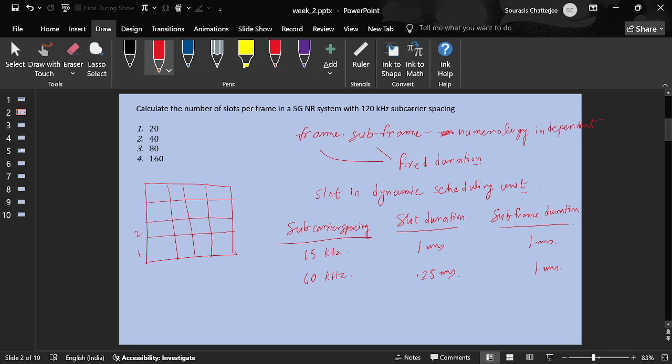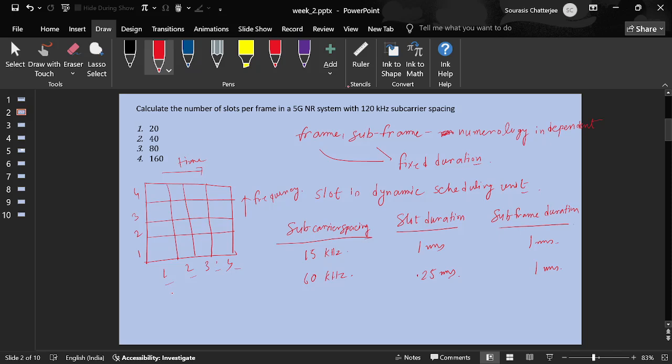Let's talk about 1, 2, 3, 4 here and 1, 2, 3, 4 here. So this is time and this is frequency. So what is this 1, 2, 3, 4 here? Are those subcarriers here, if I say x-axis is time duration and y-axis is frequency?